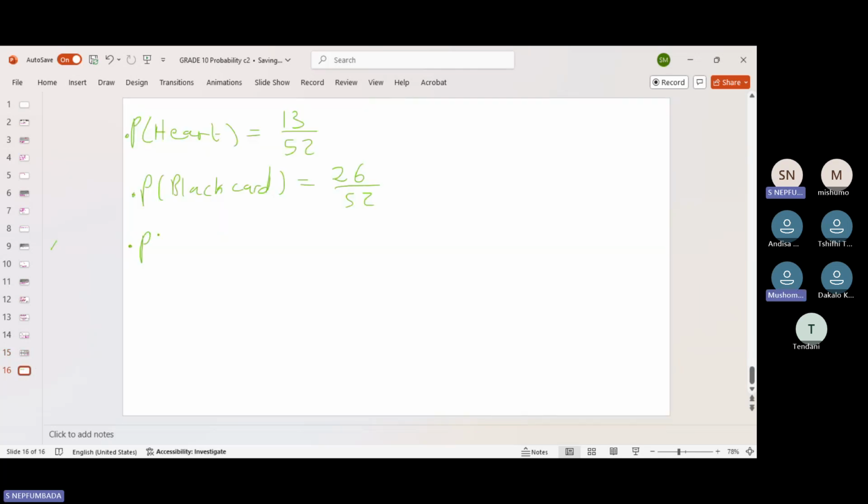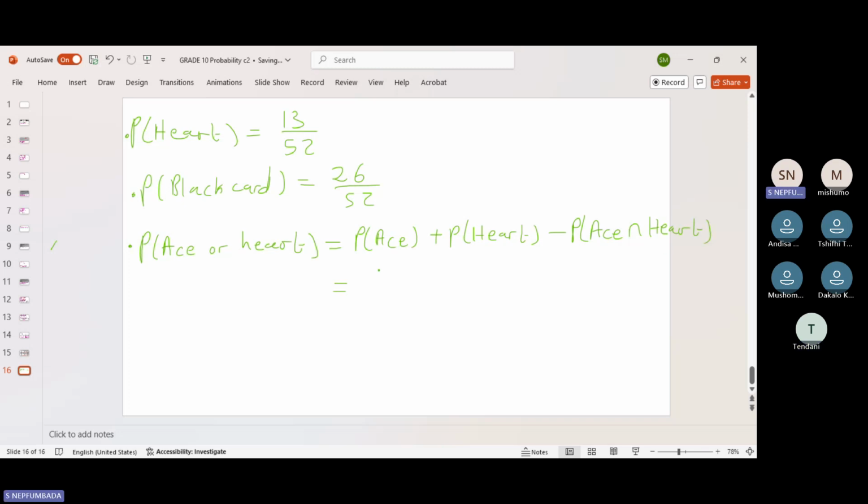And they say probability of an ace or a heart. This one we're going to use the probability formula. This is probability of ace plus probability of a heart minus probability of ace and heart.